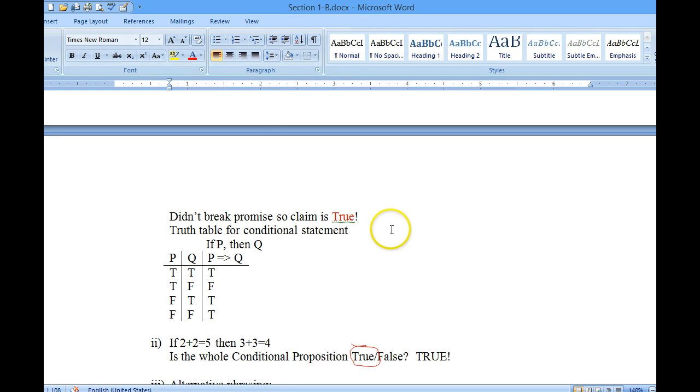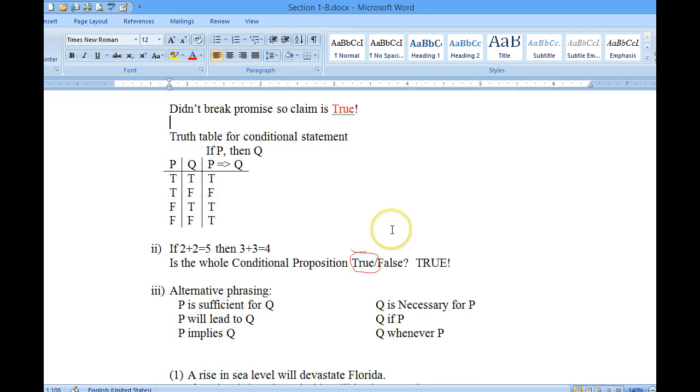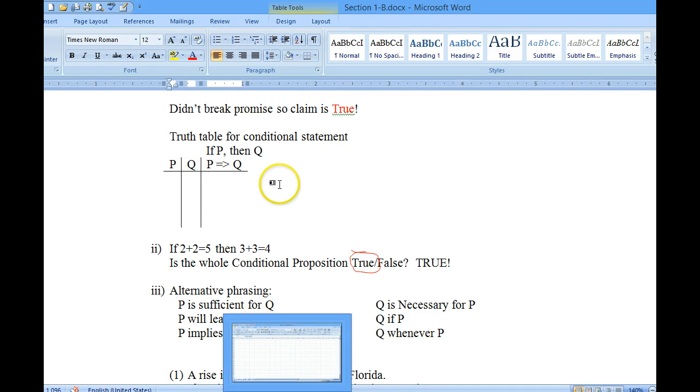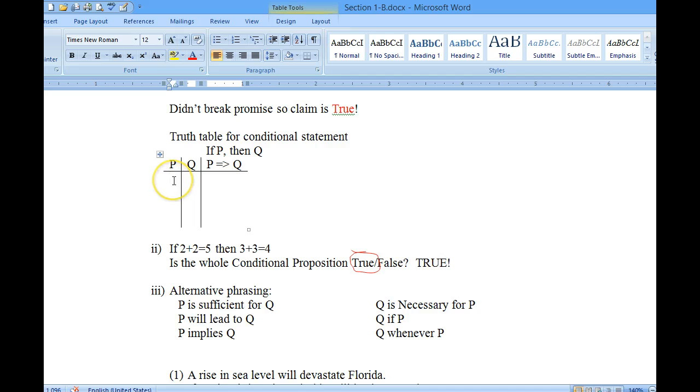Let's go ahead and try making a truth table here. Give us some room. So again, I have two propositions, if P then Q. So I have two options for P, two options for Q. So I have 2 times 2, which is 4. All right, I have 4 rows here, and let's go ahead and fill in all of our combinations.